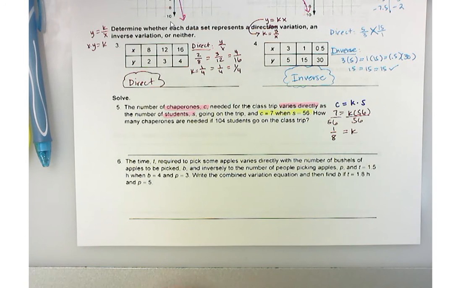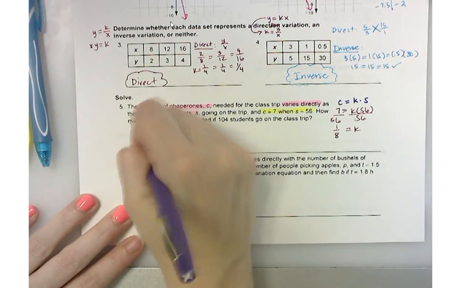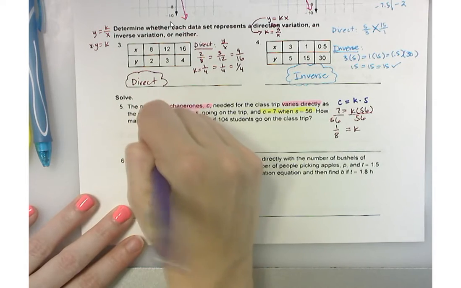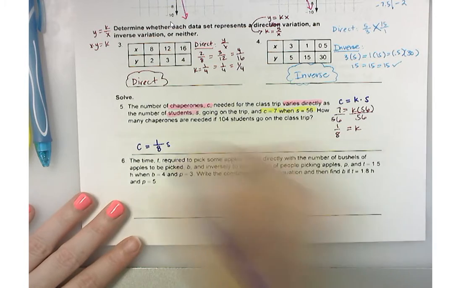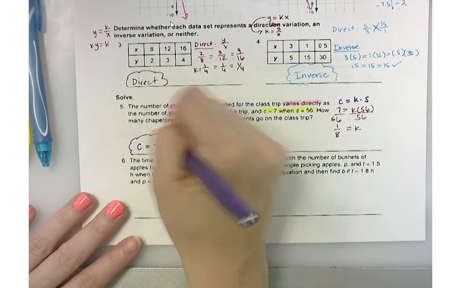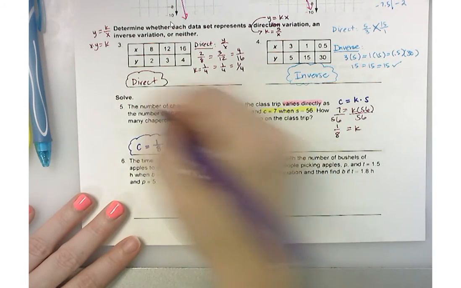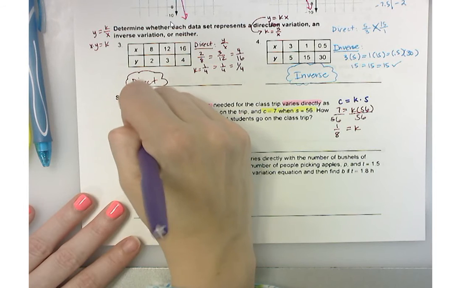Oh, and on your quiz, it'll say write the variation equation. Okay, so if it says write the variation equation, you're going to have this on there.